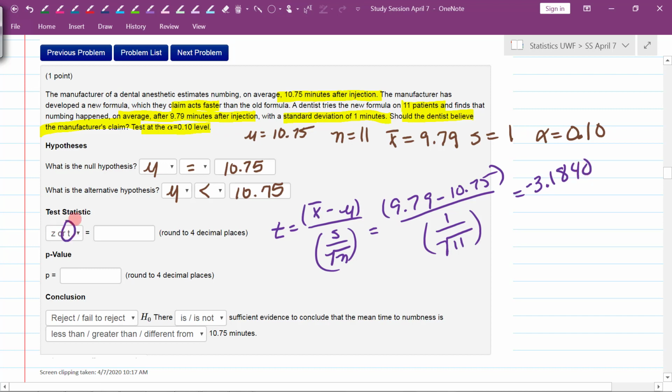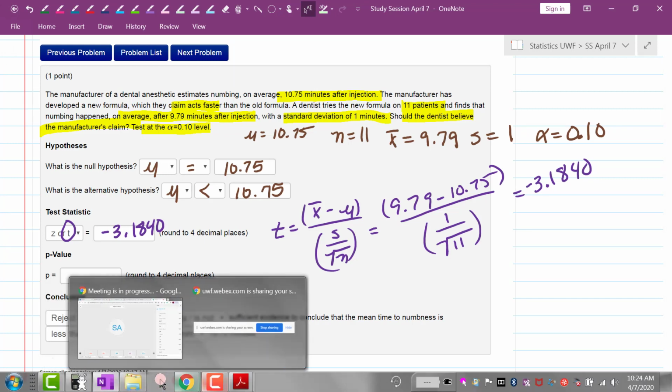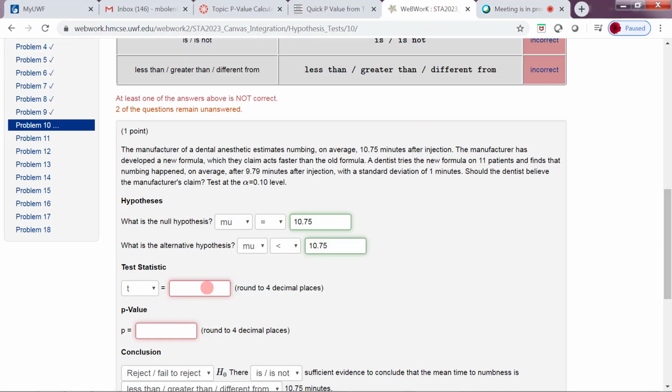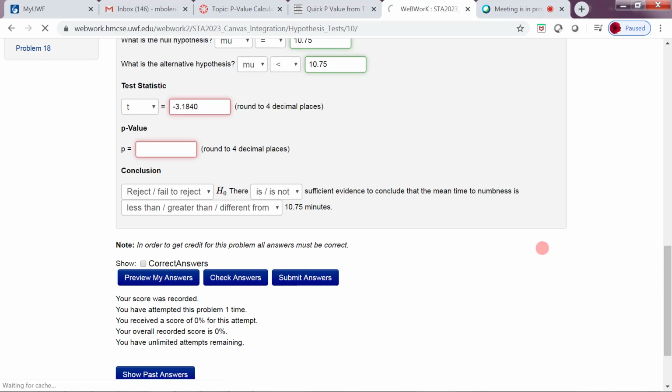So it's going to be a T, and it's going to be -3.1840. Let's make sure we got that right. Submit.